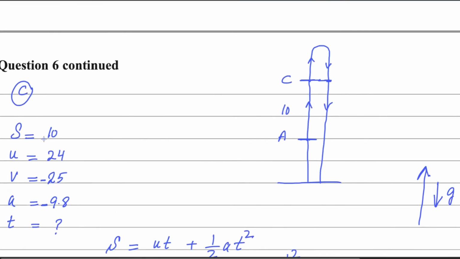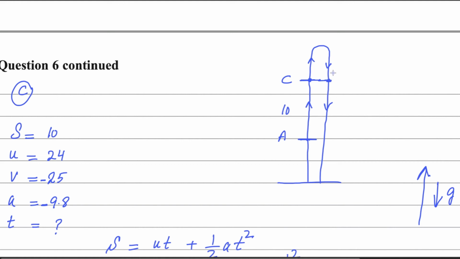So we got two times. The smaller time is this point, and the other time is this point. First it reaches point C here, and the other time is when it reaches the same point C again.